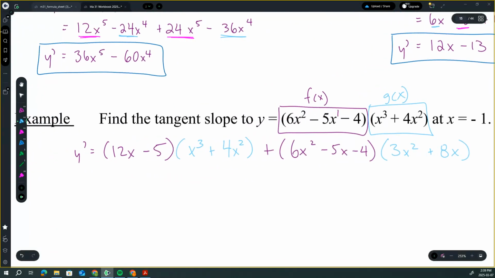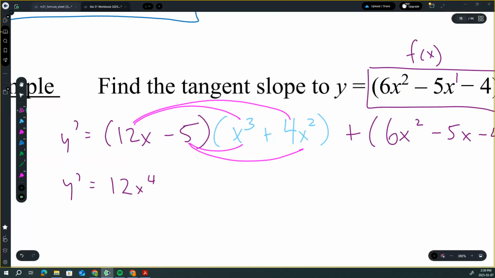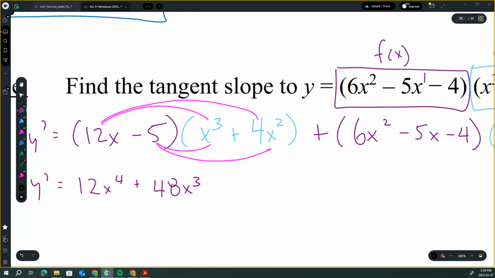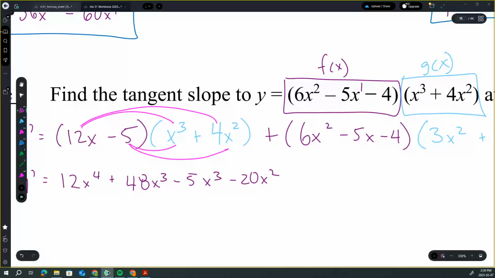Now we use foiling or the distributive property, whatever you want to call it. All right, so we're going to get 12x to the power of 4 plus 48x to the power of 3 minus 5x cubed minus 20x squared for that first FOIL.